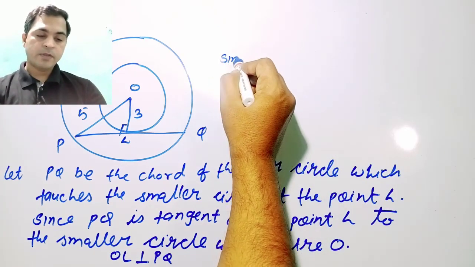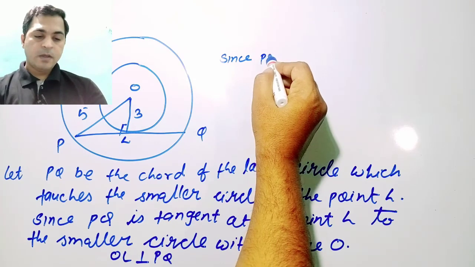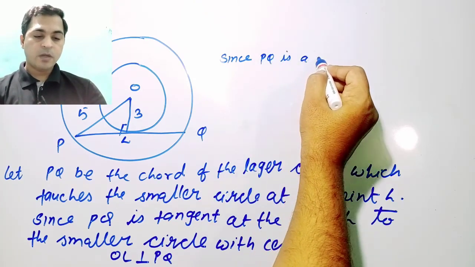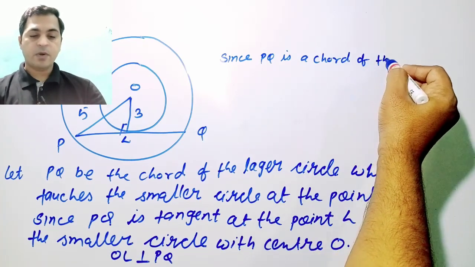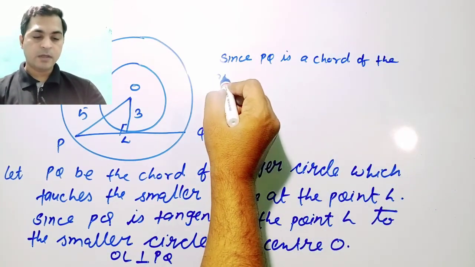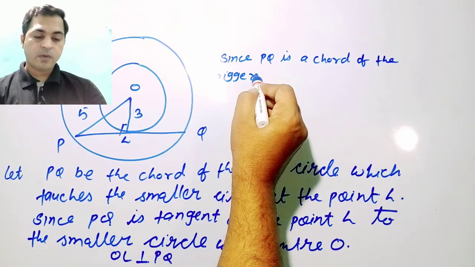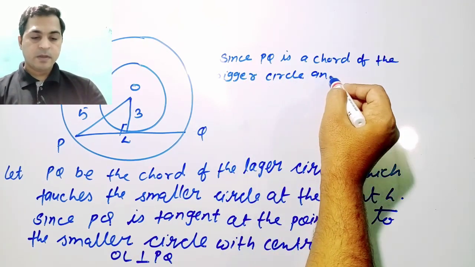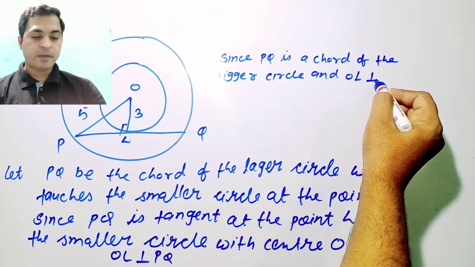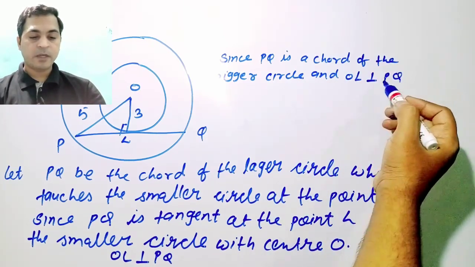So since PQ is what? Chord of which circle? Bigger circle, and OL is perpendicular on what? PQ.